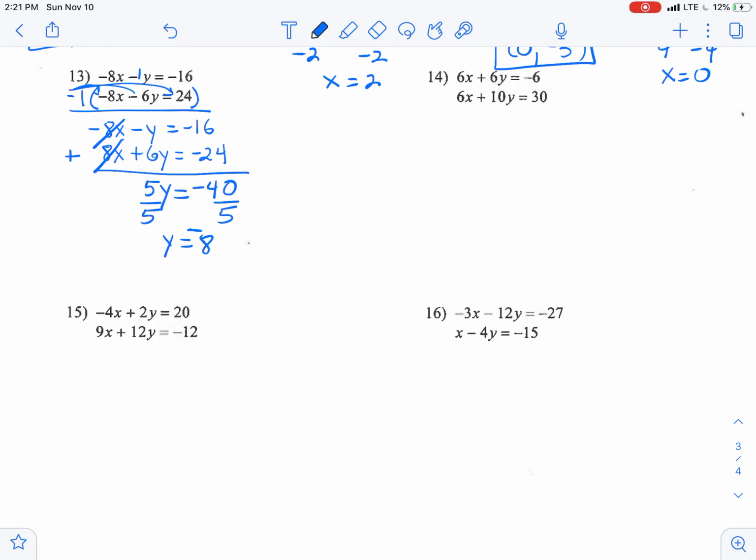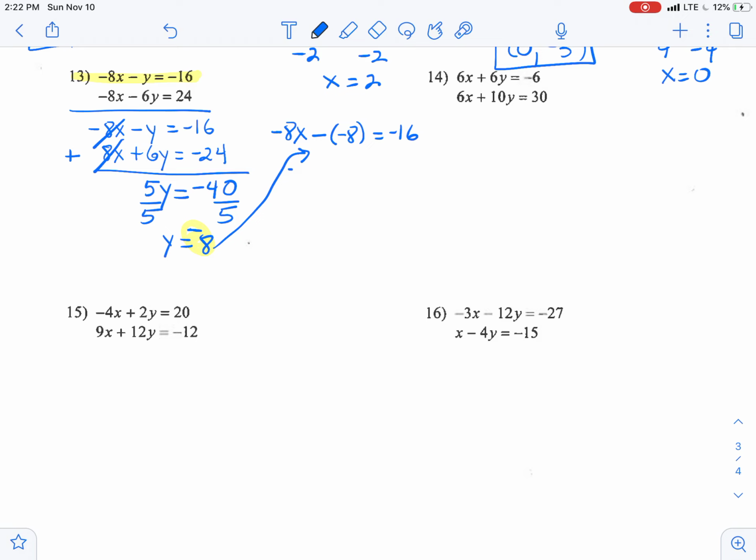And now I'm going to pick one of my original equations. One of my original equations, it doesn't matter which one. I'm going to choose this one. And all I'm going to do is substitute in that -8. Okay? So I have -8x minus my y, which was a -8. Okay, so that's all I'm doing is putting that there. That equals a -16.